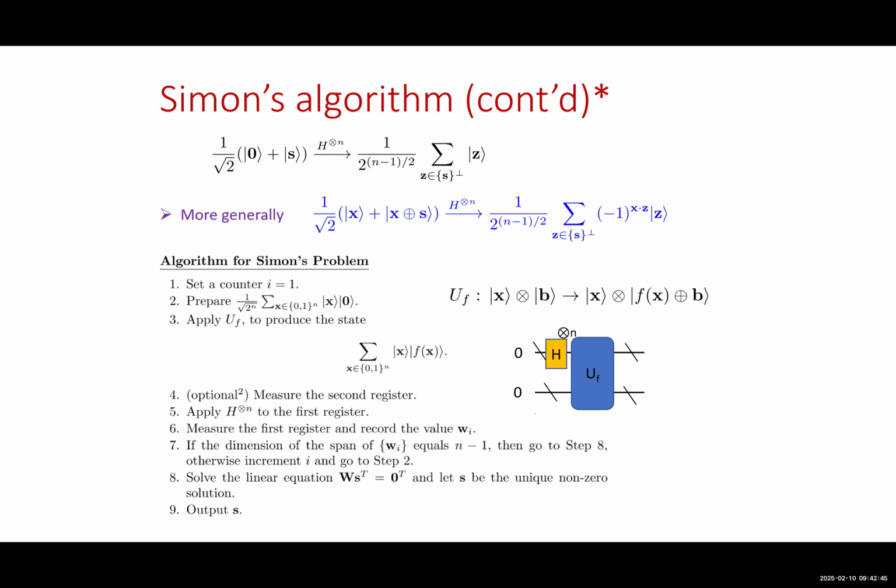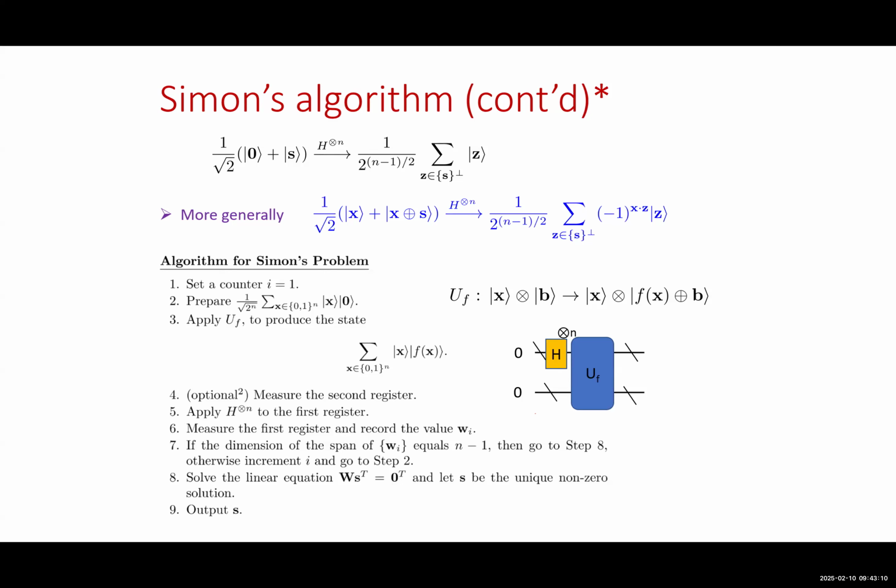So what you need to do is just repeat this many times. Each time you get a z which is orthogonal to s. The second time you get another bit string which may be equal to the first one. Then you repeat again until you collect enough. In this case, it would be n-1 bit strings, labeled as w.